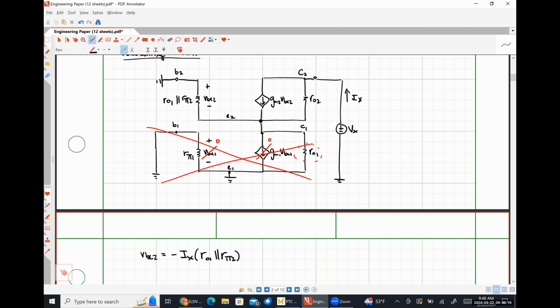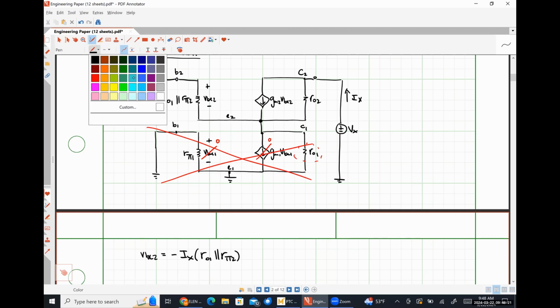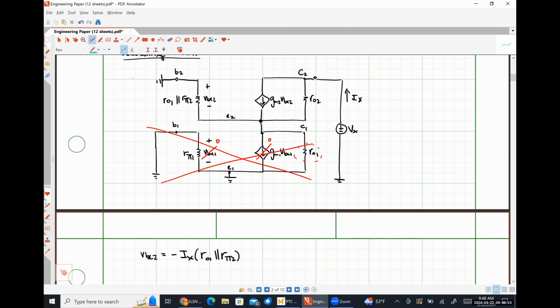Now we can use Kirchhoff's voltage law around this path. This is extraordinarily similar to a path that I drew explaining a homework problem the other day. Starting here at this ground, going across Vx, going across resistor R02, going across these resistors, and ending at this ground over here. Starting from ground, ending at ground, this is a perfectly valid KVL path.